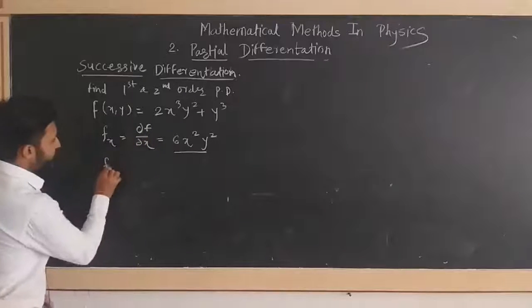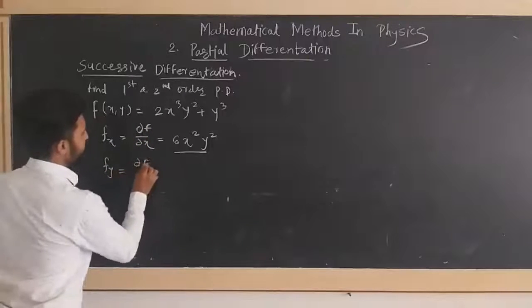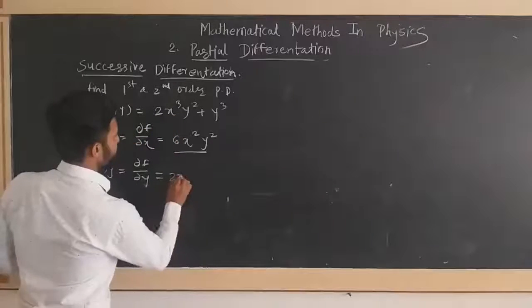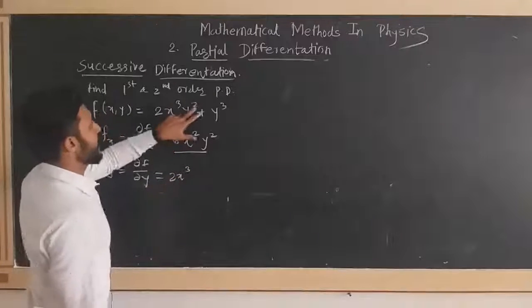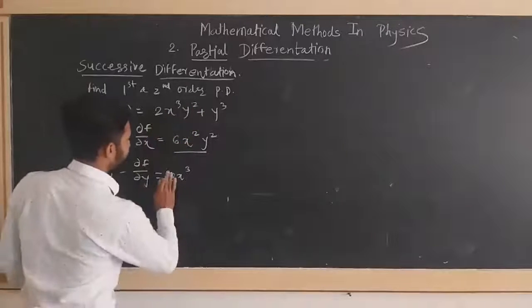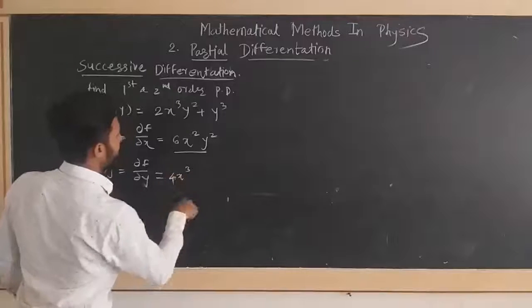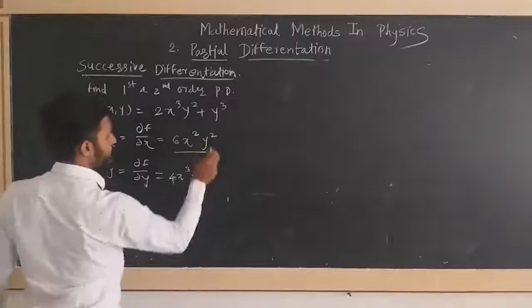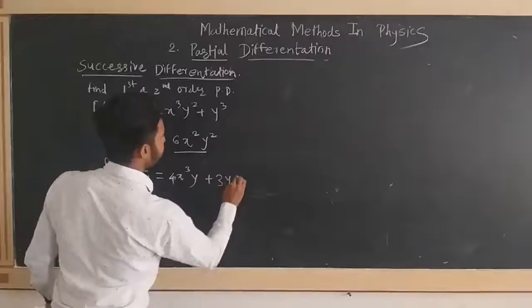Alright, now fy, differentiate this function with respect to y. Very simple it is. 2x³ constant as it is, and again differentiate with respect to y, so 2y. So here I can write 4y, and this constant plus 3y².